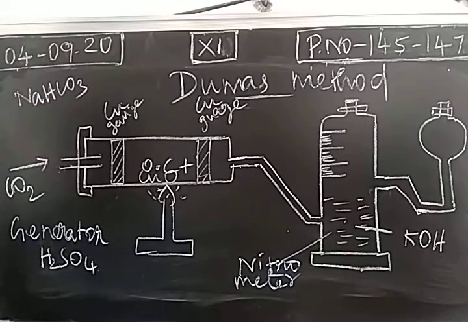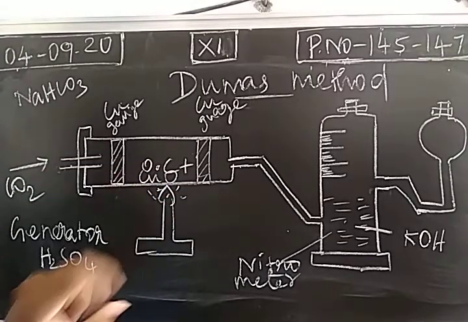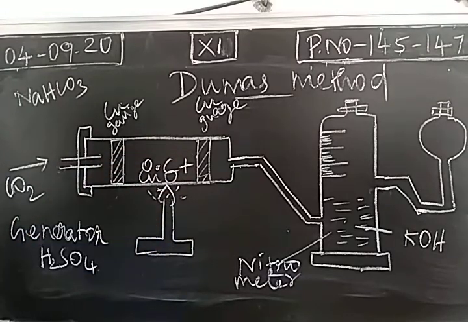So when this produced carbon dioxide with the impurity is passed through the sulfuric acid, all the moisture will be absorbed by sulfuric acid. The remaining impurity-free, that means pure, carbon dioxide is allowed to pass into the combustion tube. Now the heating of the organic compound is taking place in the presence of carbon dioxide, so we need pure carbon dioxide.